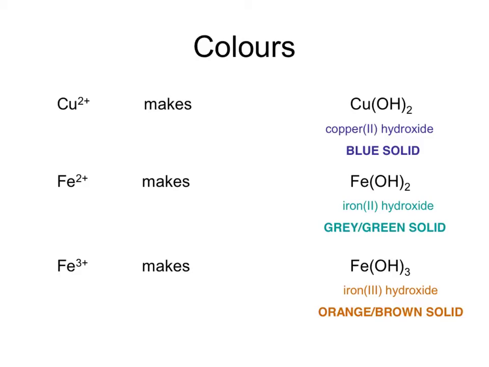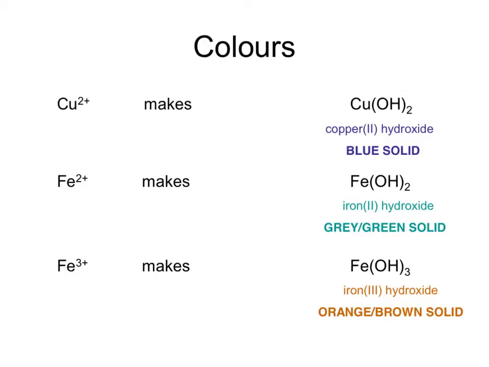So when soluble hydroxide ions, usually provided by something like sodium hydroxide solution or potassium hydroxide solution, meet with certain metal ions, they form insoluble precipitates, which are distinctively coloured. Copper 2 plus ions or copper 2 ions react with hydroxide ions to make insoluble copper 2 hydroxide, which is a blue precipitate.